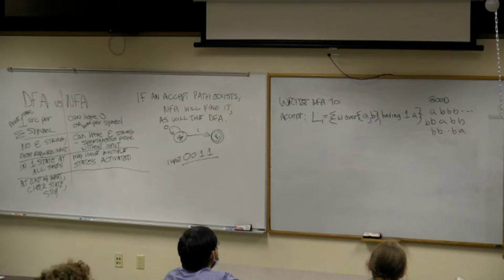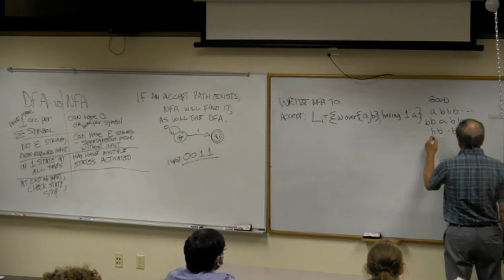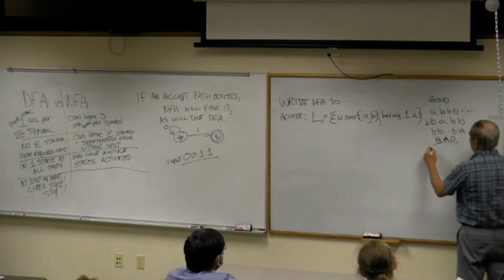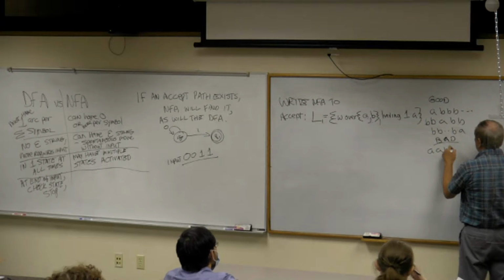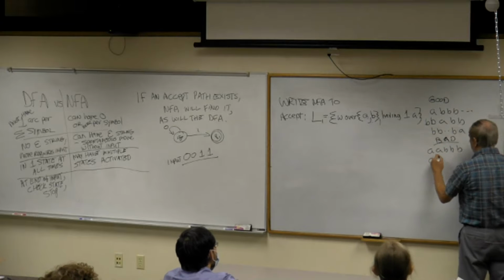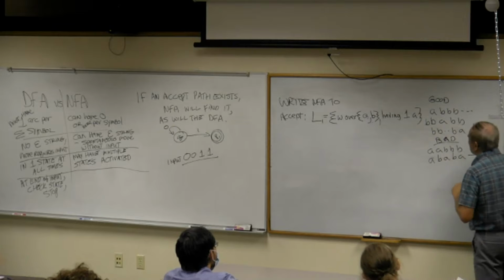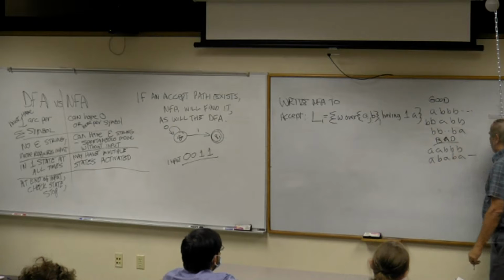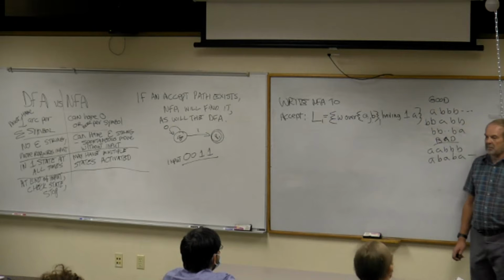We don't care where the A is. And bad would be anything that has more than one A. So just to get a sense of what we have to accept and what we have to reject.